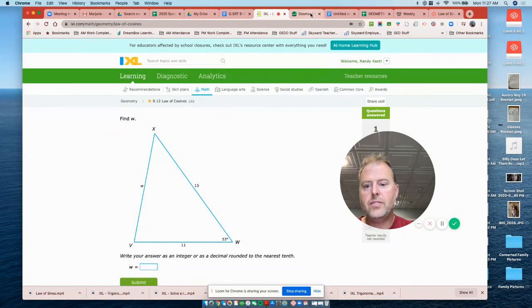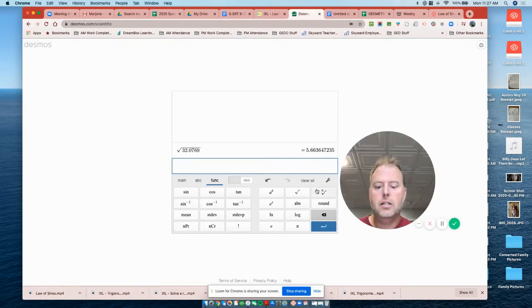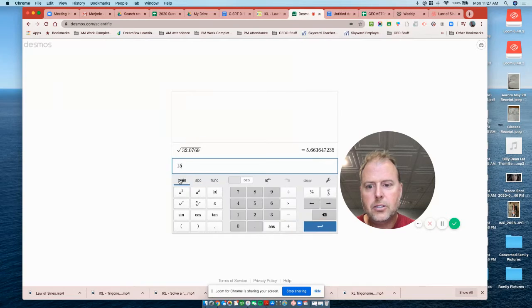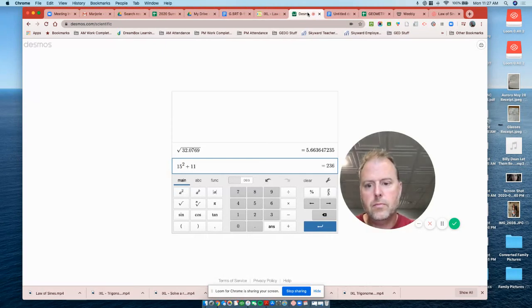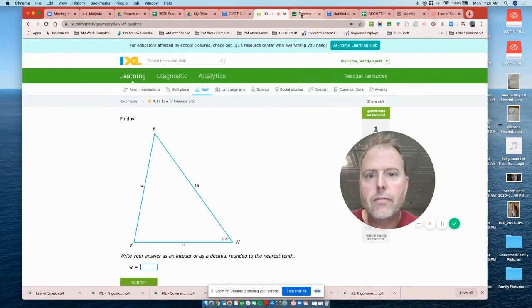So 15 and 11 are my two sides. Okay, so 15, go back to main to get the squared. So 15 squared plus 11 squared minus 2 times 15 times 11 times the cosine of 53.